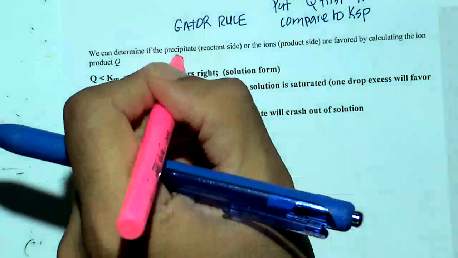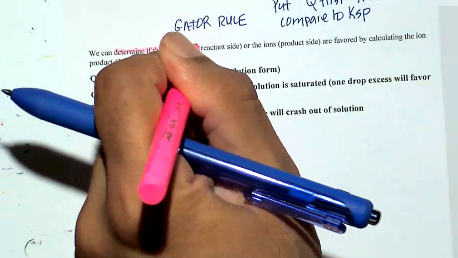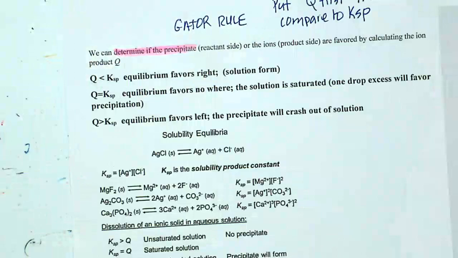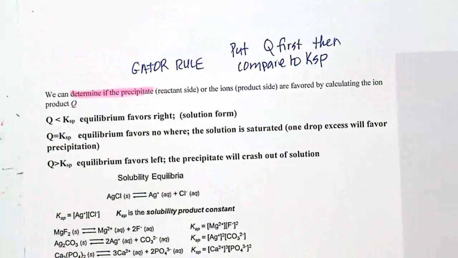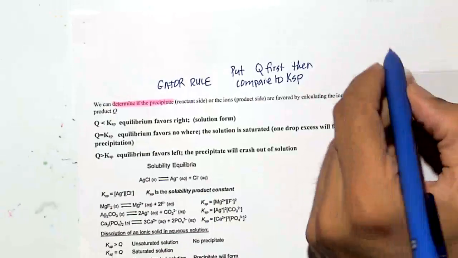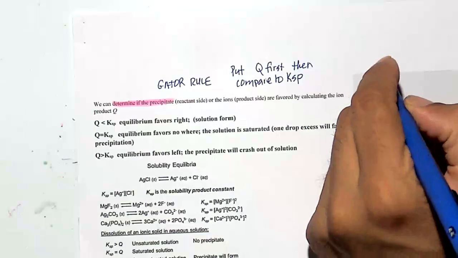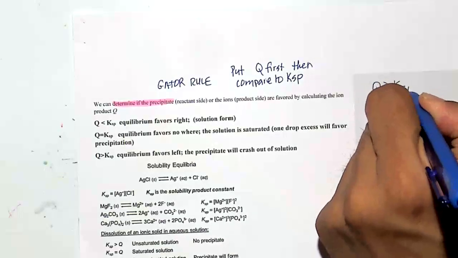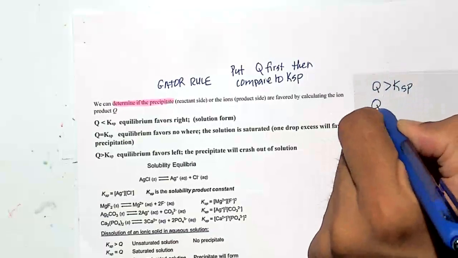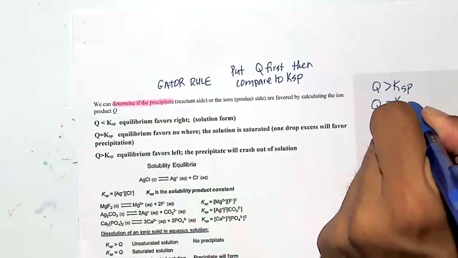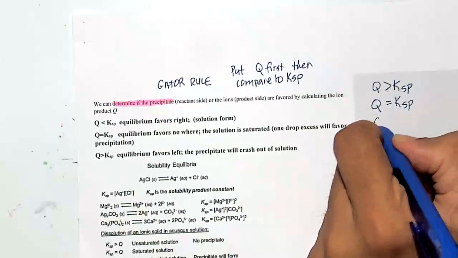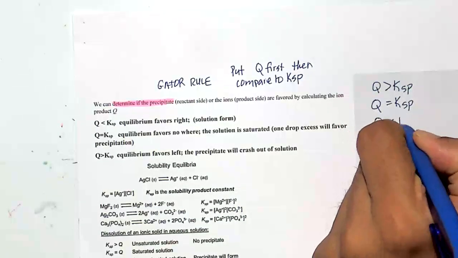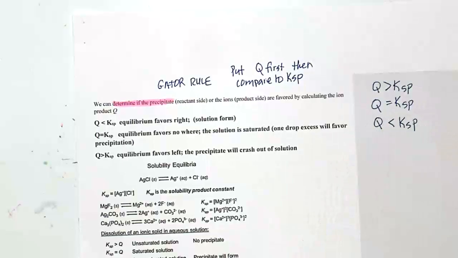Then we can determine whether it will be a precipitate or not. For a KSP problem, there are three scenarios that could emerge: Q can be greater than KSP, Q can equal KSP, and Q can be less than KSP.